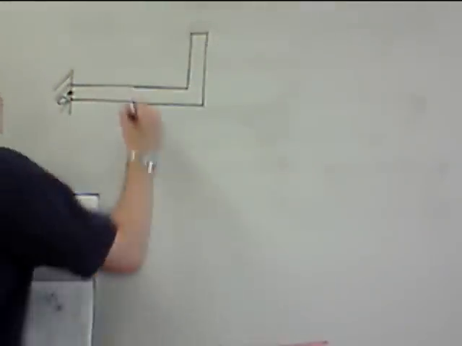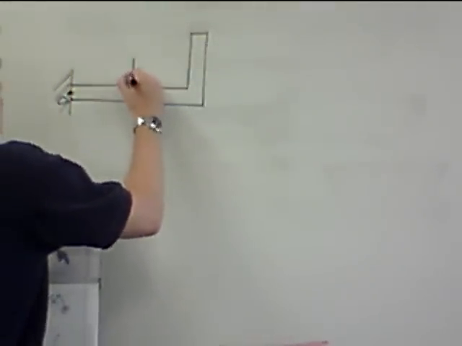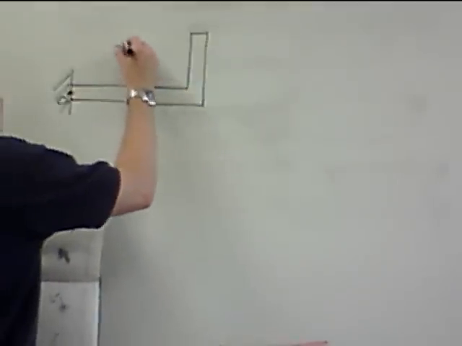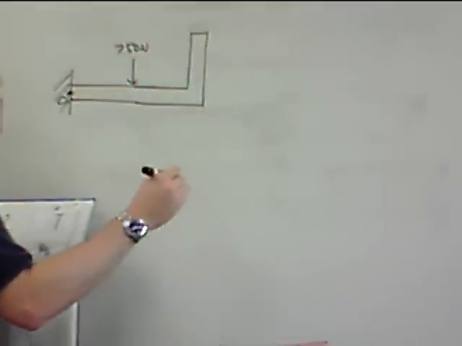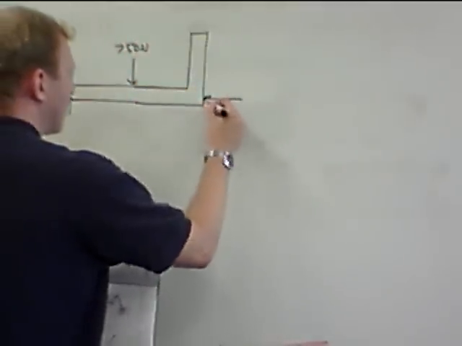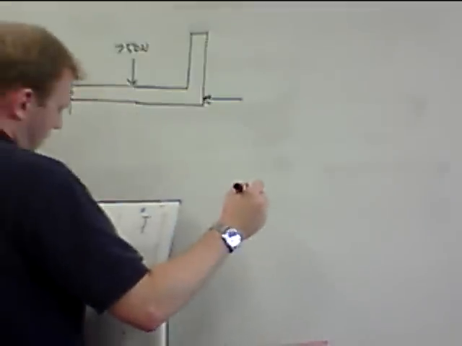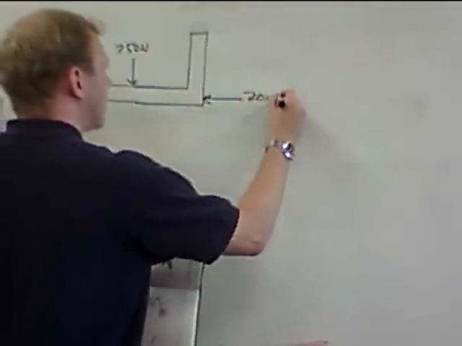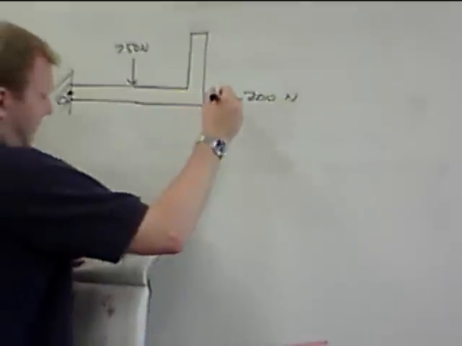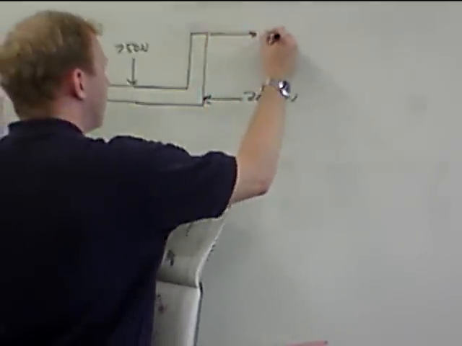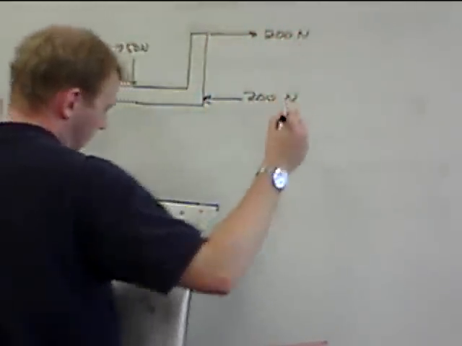Right in the middle here, we have 750 newtons acting here along the line of point O. At the top of this section, we have 200 newtons in the other direction.